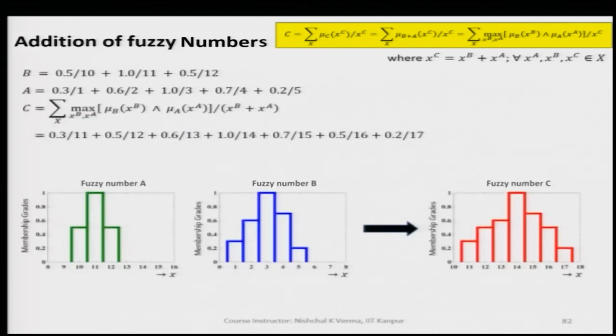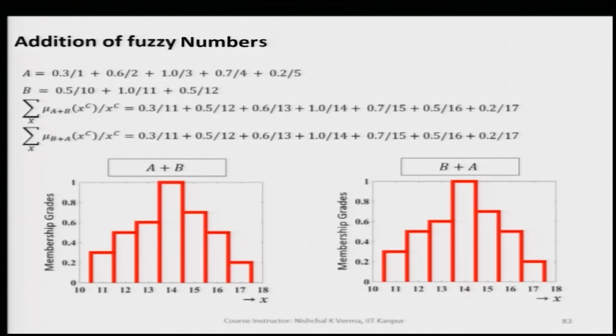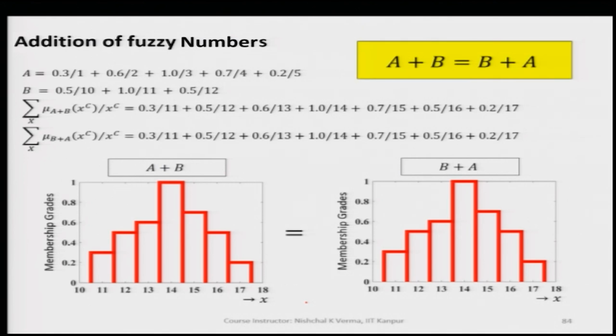We see here that we obtain fuzzy number C, which is the outcome of fuzzy number B and fuzzy number A. It is the same fuzzy set that we obtained earlier, and this way we can say that whether we take A first or B first, both outcomes remain the same.